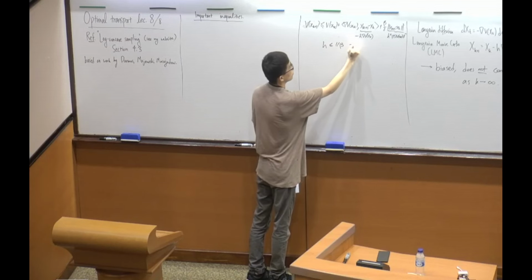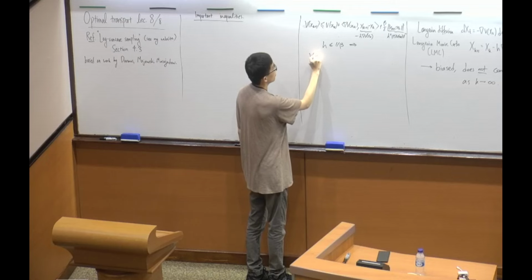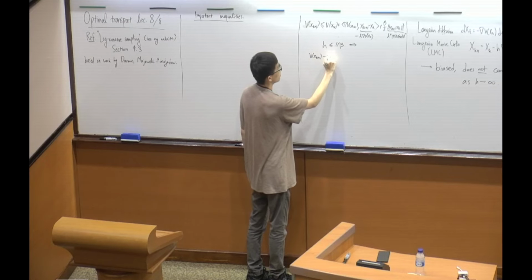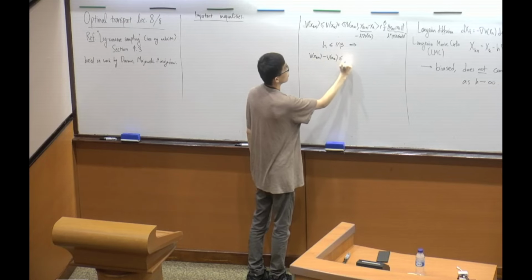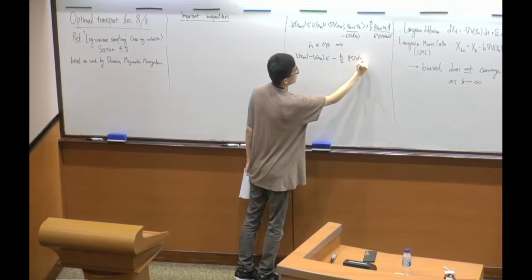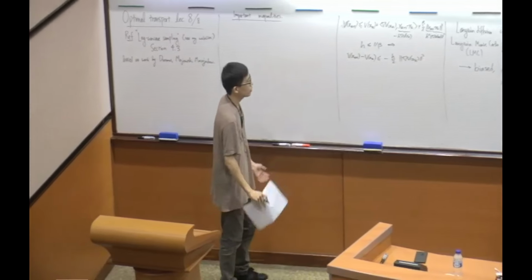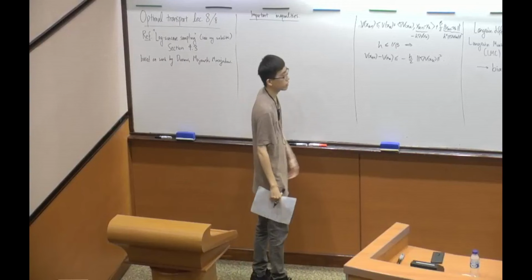So h less than 1 over beta is going to imply that v of xk plus 1 minus v of xk is bounded by minus h over 2 times the squared norm of the gradient.